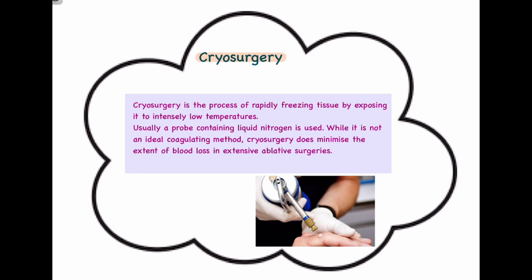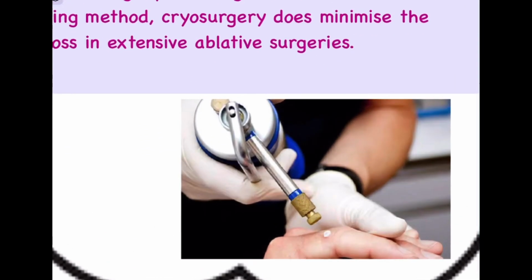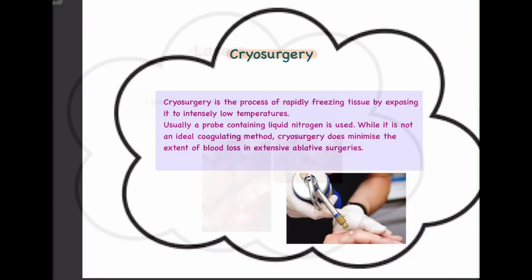Using the cryoprobe is not an ideal coagulation method, but if we have to minimize the dissection of tissue planes which we routinely do during surgical procedures, or avoid extensive incisions, in those cases we can use this method. It is very easy: a cryoprobe is there, and we can directly use this probe over the affected site and achieve hemostasis.